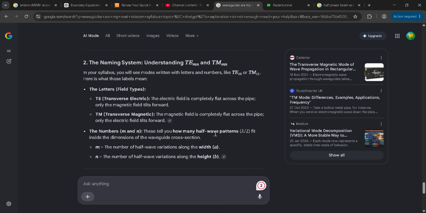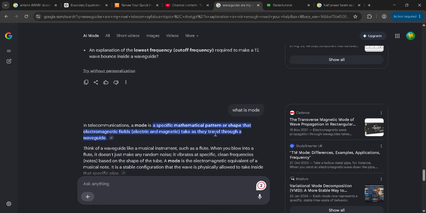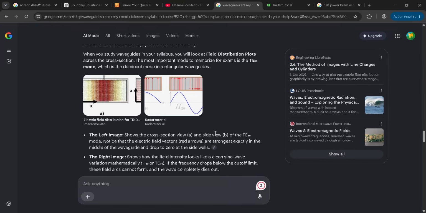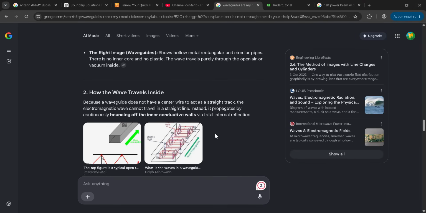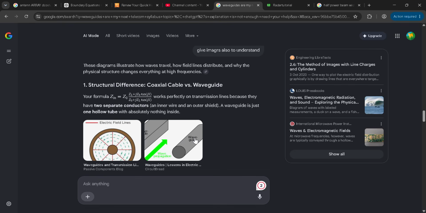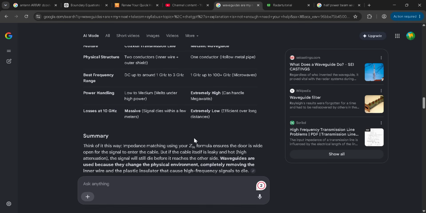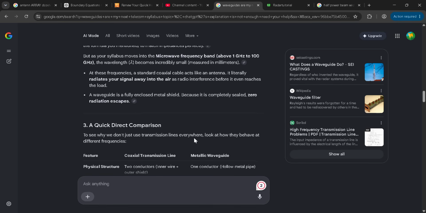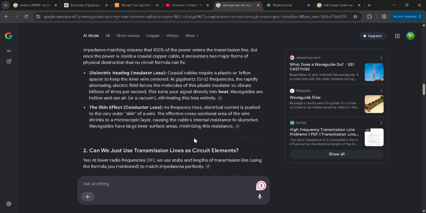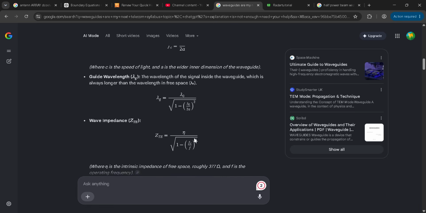Dominant mode and structure. There are two types of waveguides, rectangular versus circular. The rectangular waveguide is a hollow tube with a rectangular cross section, with dominant mode TE10. A low cutoff frequency means its excitation is easy and it works at a lower frequency. Applications: standard microwave links, radar systems, couplers.